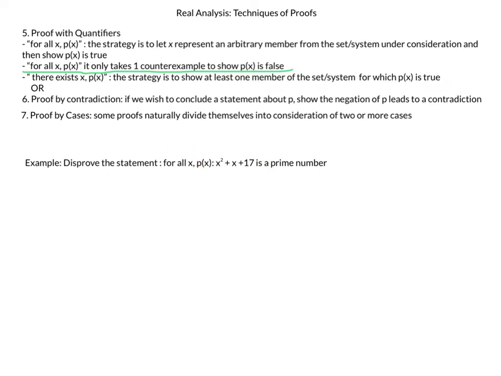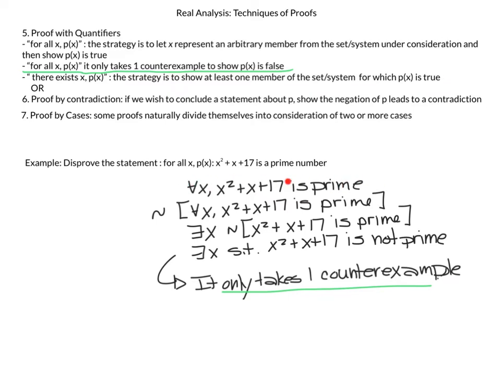Again, this is really overkill, but if I want to know exactly the opposite of this statement, the negation of for all x, x squared plus x plus 17 is prime, means there exists an x such that x squared plus x plus 17 is not prime. So it only takes one counterexample. And my counterexample is x equals 17, because P of 17 is 17 squared plus 17, which is divisible by 17.